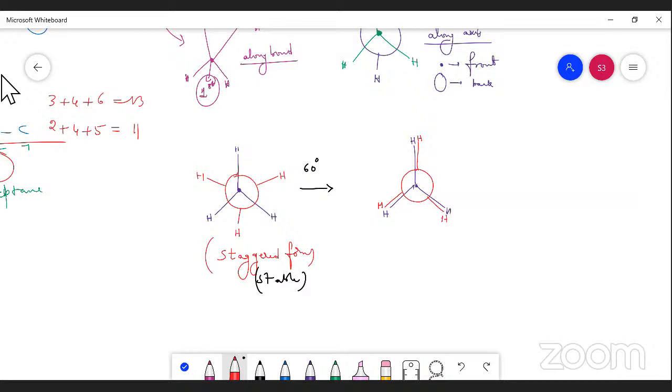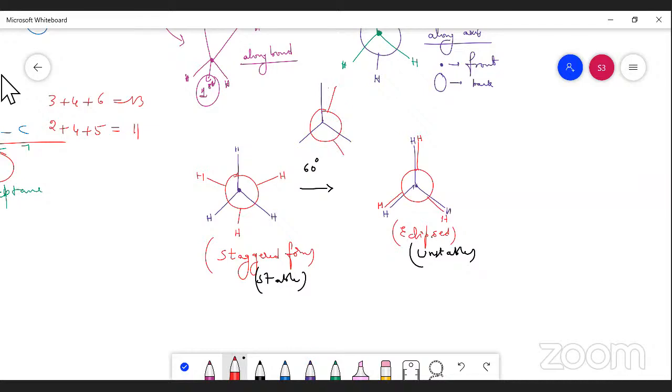This highly unstable form of ethane, we call it as what? Eclipsed form. This is the staggered form, and this is the eclipsed form. Eclipsed form is highly unstable because of more repulsions between them. Between the stable staggered form and the highly unstable eclipsed form, a large number of conformational isomers are present.